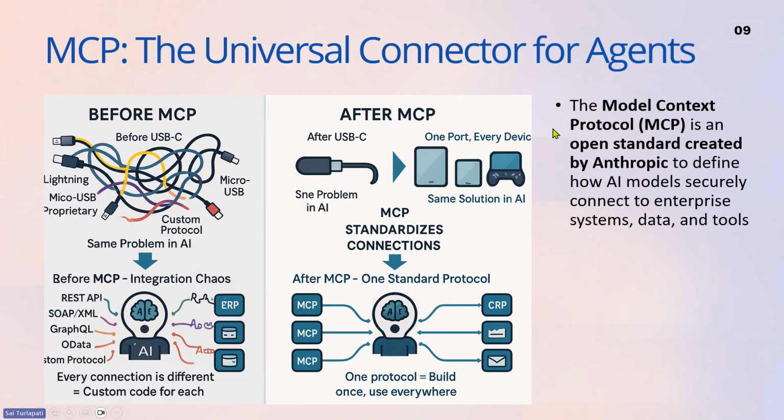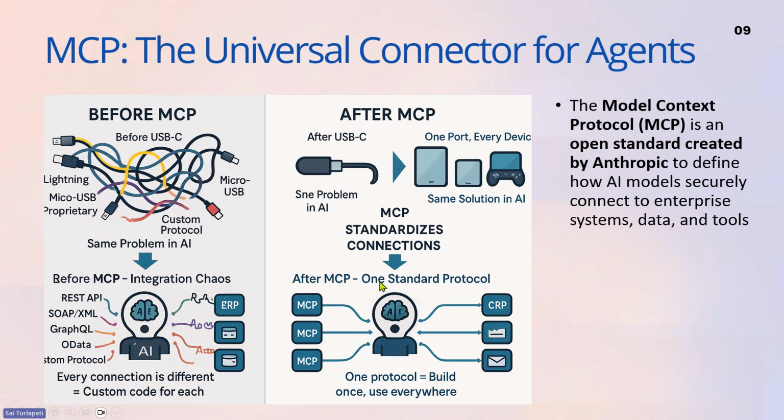Like that, MCP, the Model Context Protocol, is also a USB-C kind of framework. Here you can see the AI agent we created can interact with different systems, let's say an HR system, your ERP system, your sales system, using different ways like APIs, XML, GraphQL.